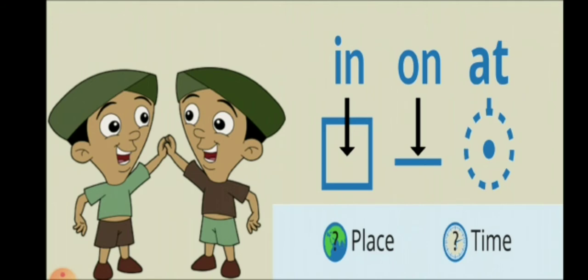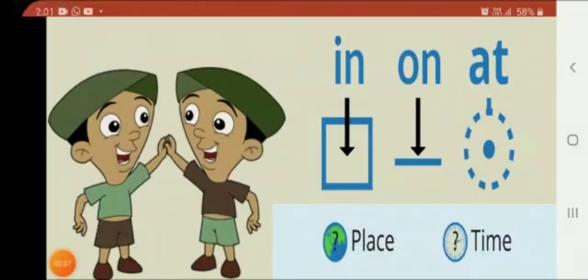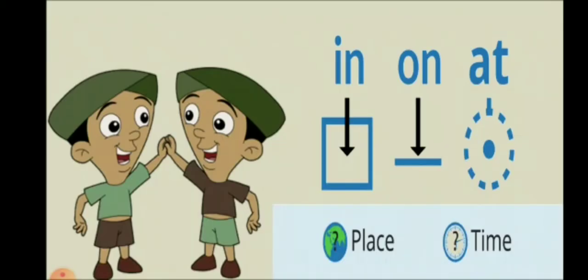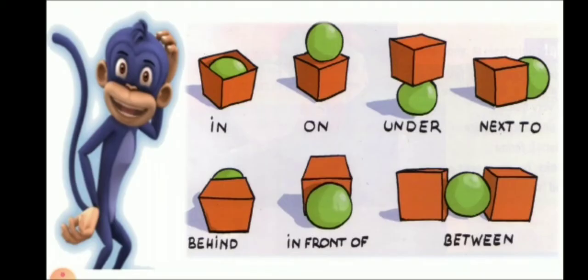We use on to talk about the position of something on a surface or surfaces like walls or tables, and we use at to talk about specific places or points in space.